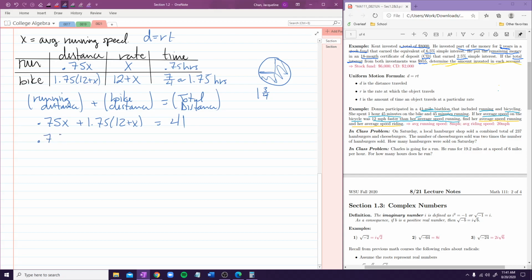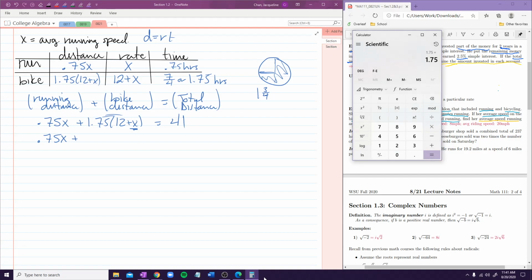I have 0.75x, I don't need to simplify this. Over here, I'm going to distribute because there's an x in here, so I've got to free it. Let's get a calculator. 1.75 times 12 is 21, plus 1.75x. Now we combine like terms: 0.75 plus 1.75 is 2.5.